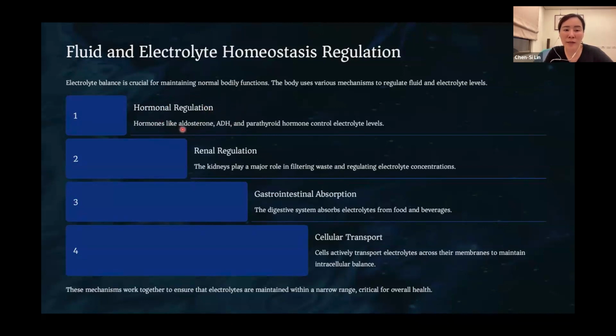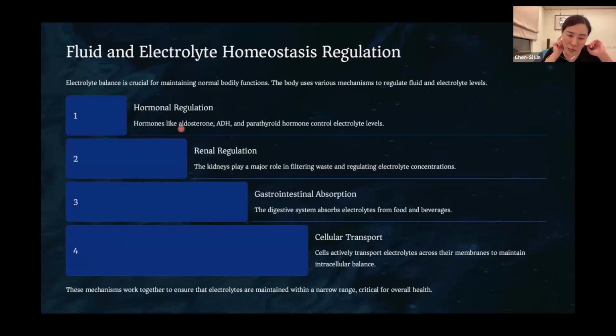The first one is hormone regulation. We mentioned that aldosterone is responsible for sodium and chloride reabsorption, and for potassium excretion in the kidney. And also ADH.